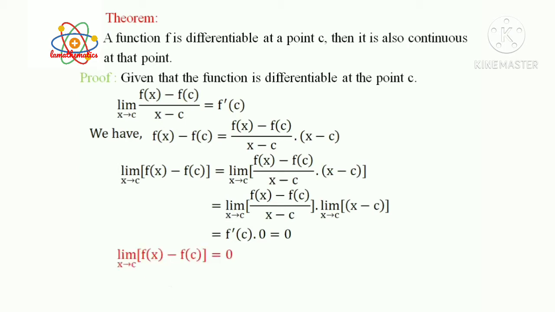Therefore, limit x tends to c f of x minus f of c equal to 0. Therefore, limit x tends to c f of x equal to f of c. Therefore, the function is continuous at x equal to c.